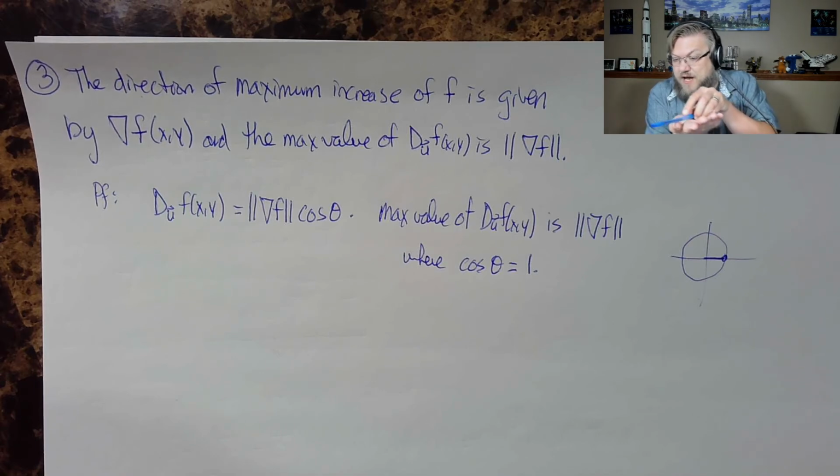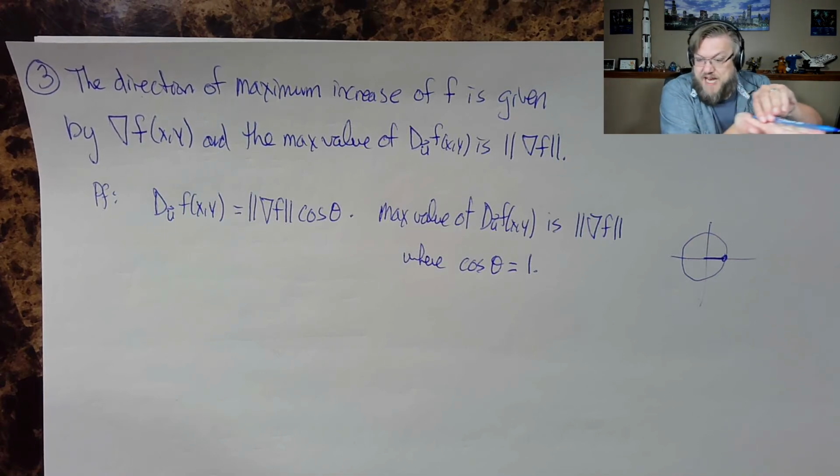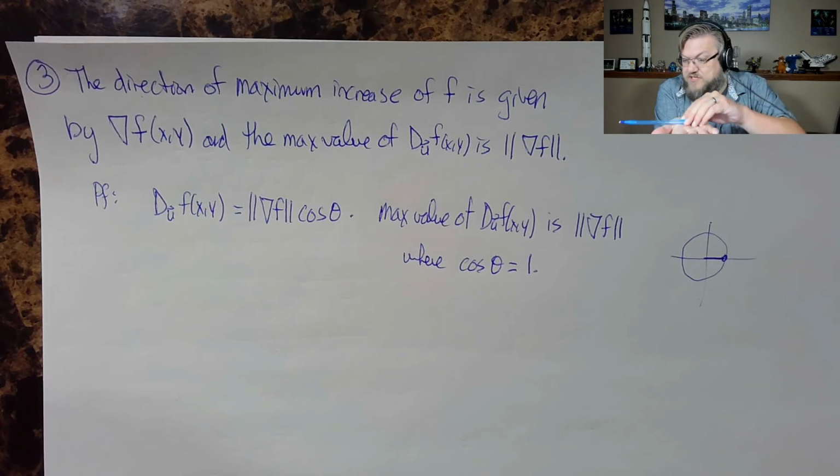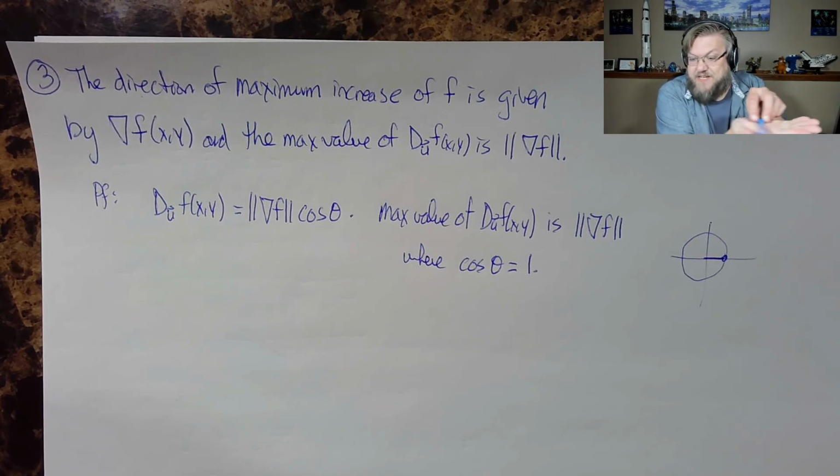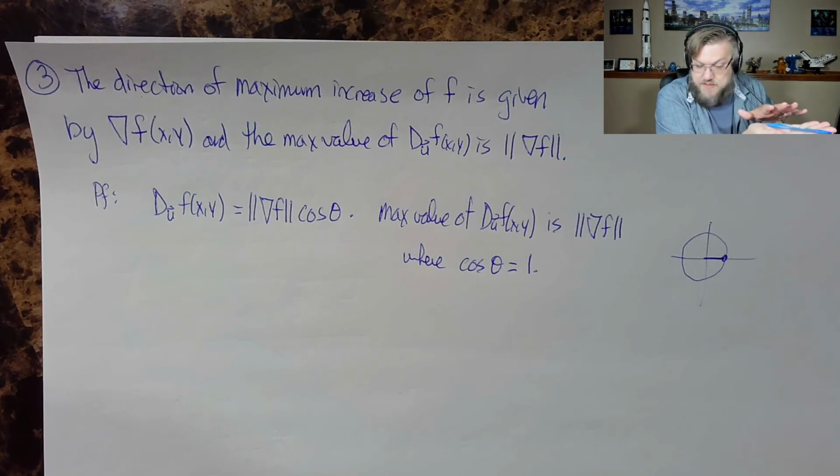And as I move around, the gradient vector changes where it's pointing, but at any location, it's pointing in the direction of maximum increase. So if I was to stop here and look at my surface, and I walked in that direction, that would be the highest uphill.